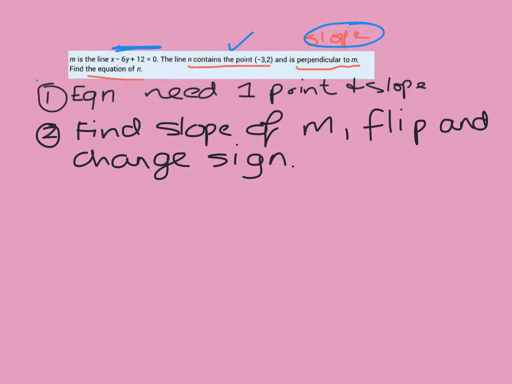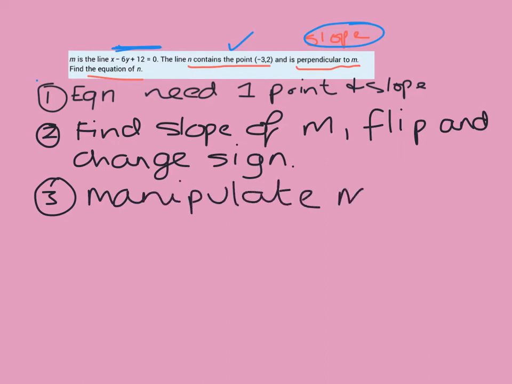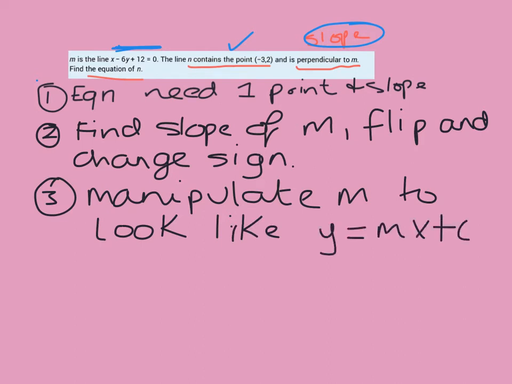So in order to do this, I need to manipulate the line m to look like y equals mx plus c, because then I'll be able to get the slope and then I'll be able to use that to find n.